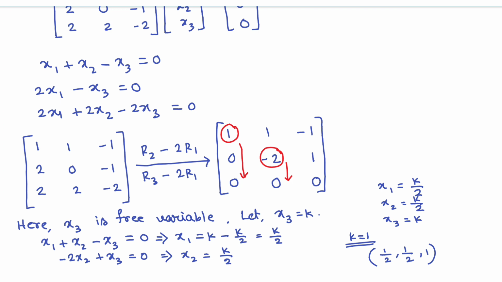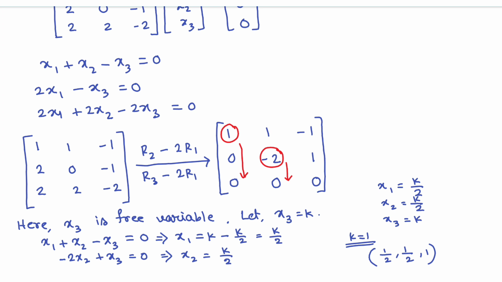Okay, now let me tell you one thing. Whenever we are solving a system of equations and we get infinite solutions, we never put k equal to some fixed value. Now the question is why we are putting k equals 1 in this eigenvector problem.